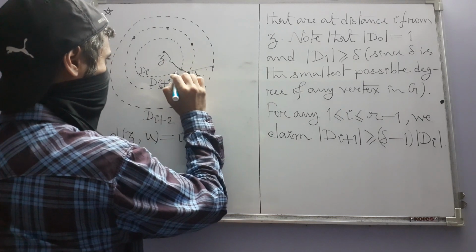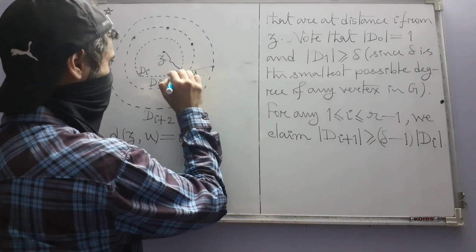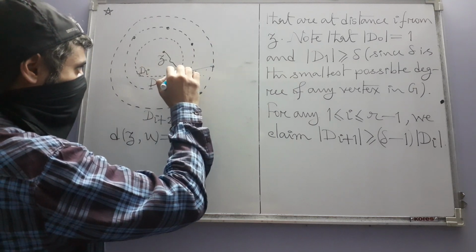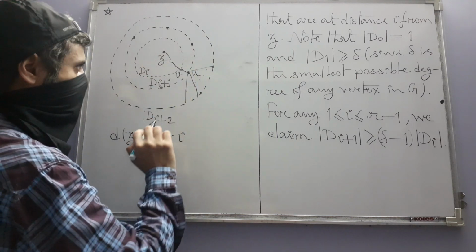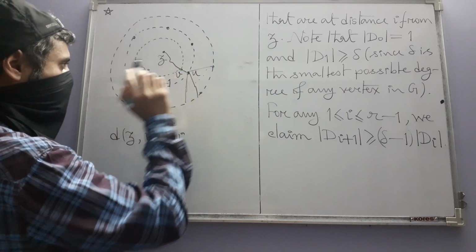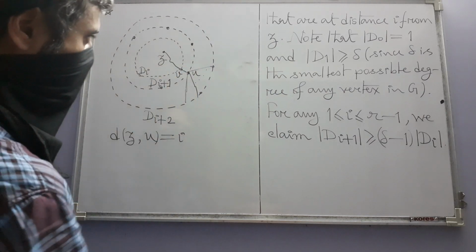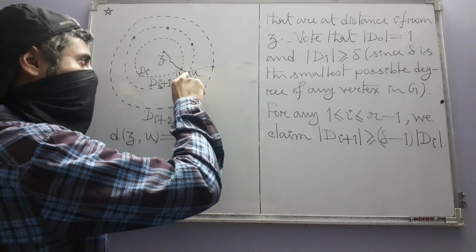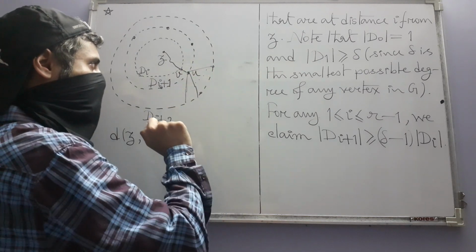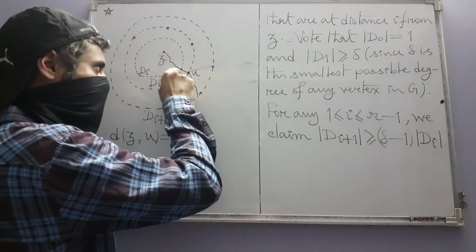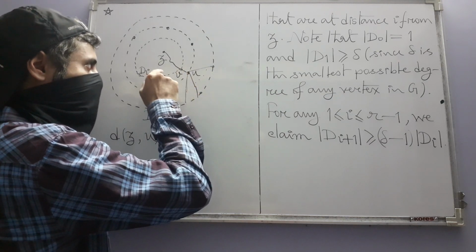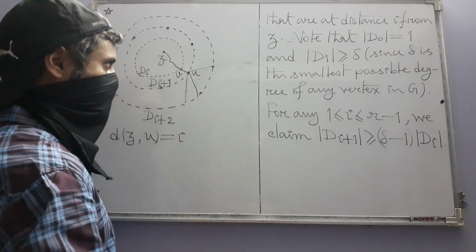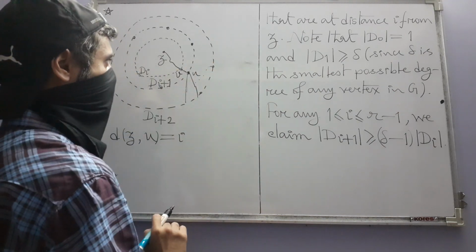So let's call this vertex V, the vertex that will take us from Z to U. On that path we have this V, and the next stage is U. So what we are saying is that among all the edges that emanate at U, this is the only one that takes us back. That's what we want to be true. Suppose that is not the case.